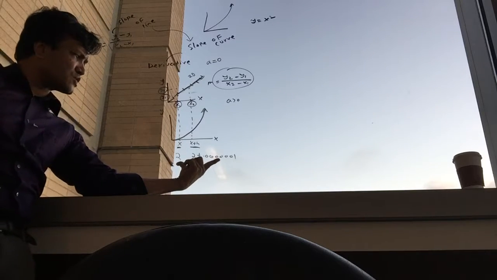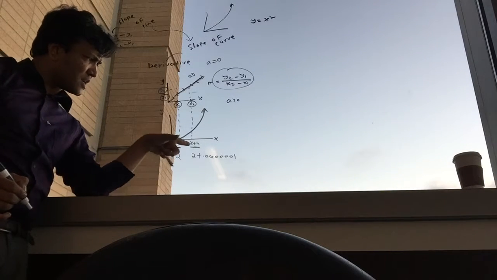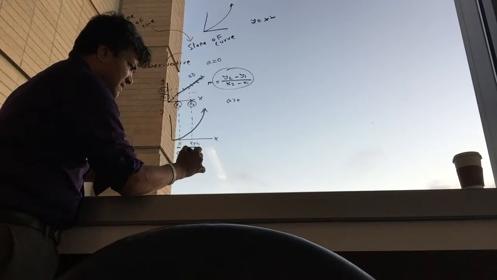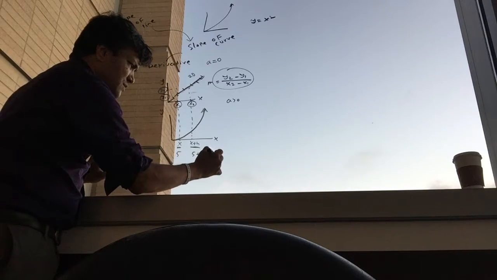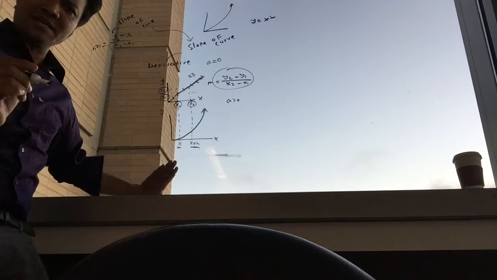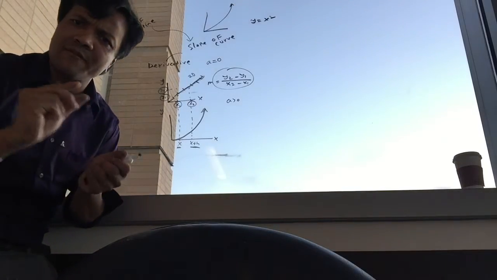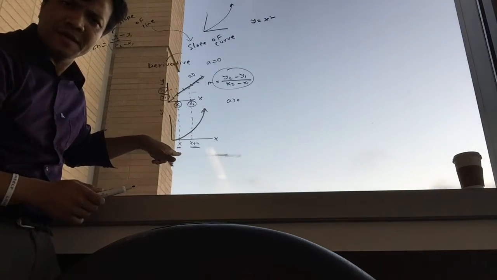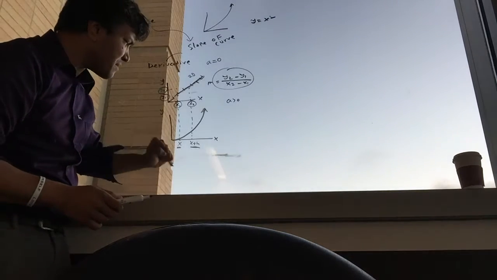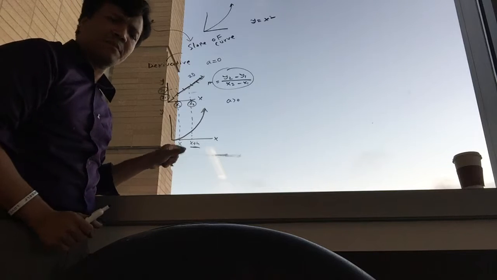If x is 5, x plus h is 5 plus 0.0000005. That means x is a number and x plus h is a number very close to it. If this is 9, this has to be 9.0000001.